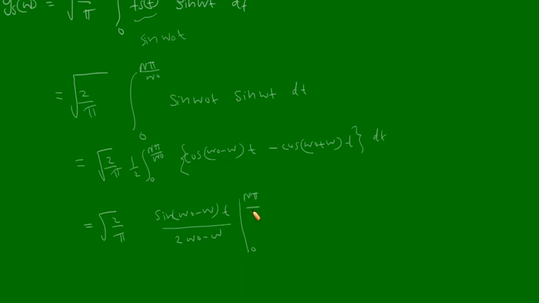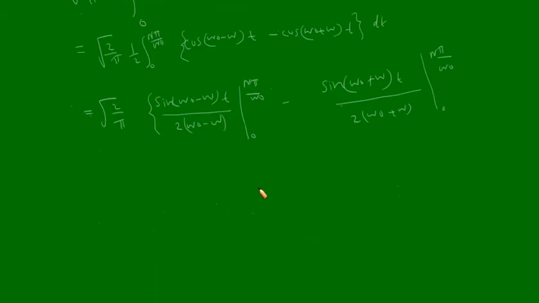with limits from 0 to nπ/ω0, plus sin(ω0+ω)t divided by 2(ω0+ω), again with limits from 0 to nπ/ω0. First you apply the upper limit, then the lower limit.